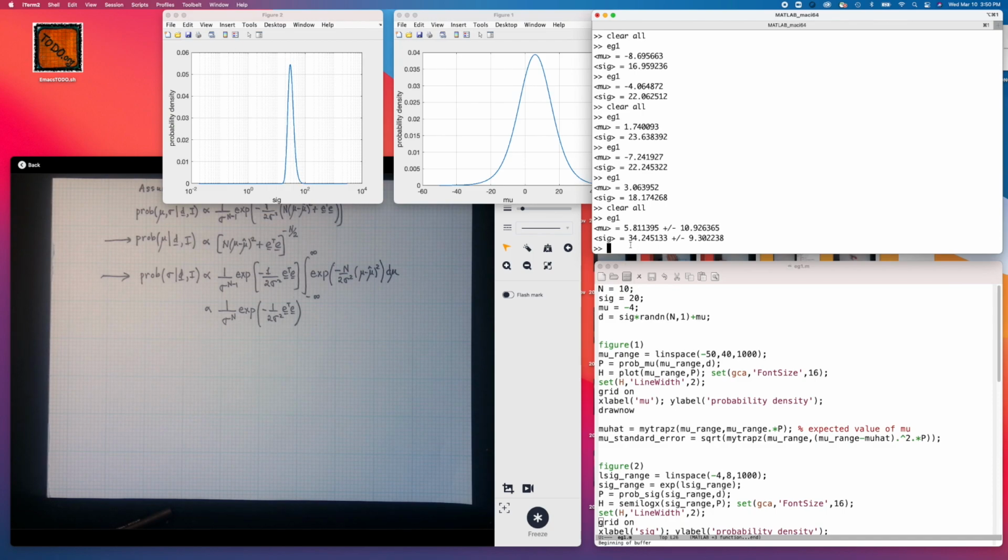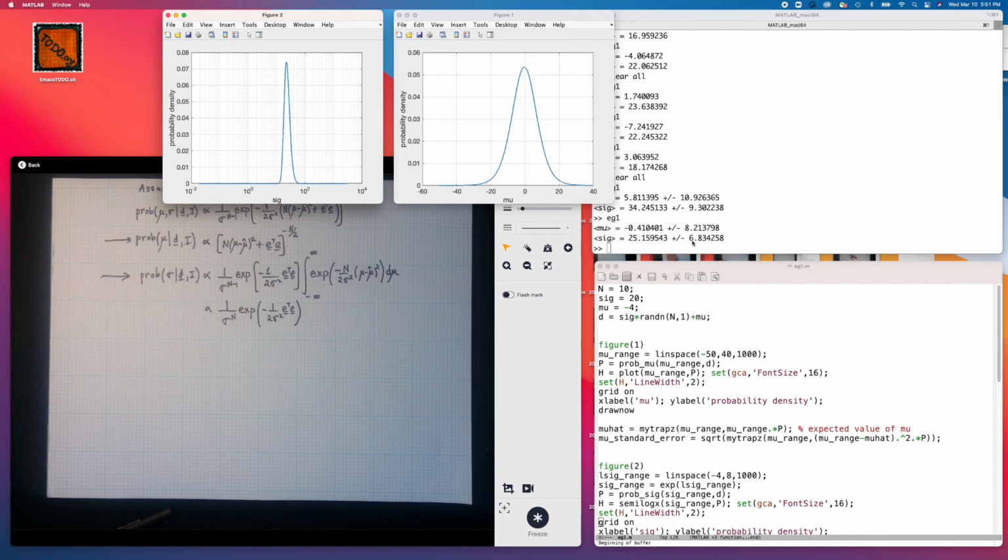For sigma, I got 34 plus or minus 9, so the true value of 20 is outside this error range, but of course this is just one standard deviation, so it has a good probability of being outside the range. Let's try again. So this time the sigma does fall within the confidence interval, and it does also for mu. All right, this is where I'll stop.